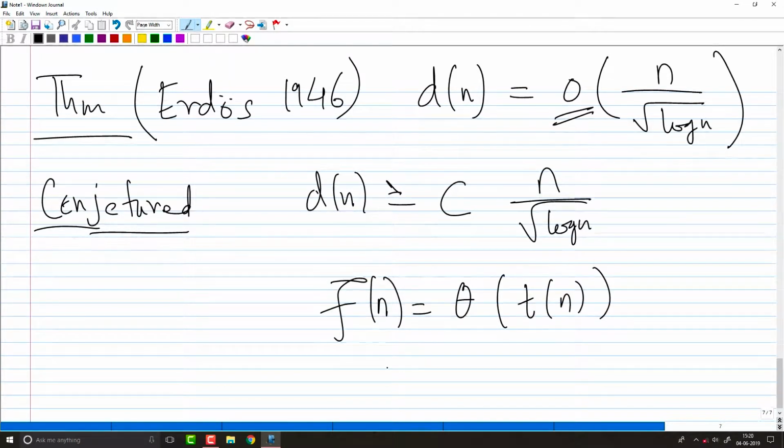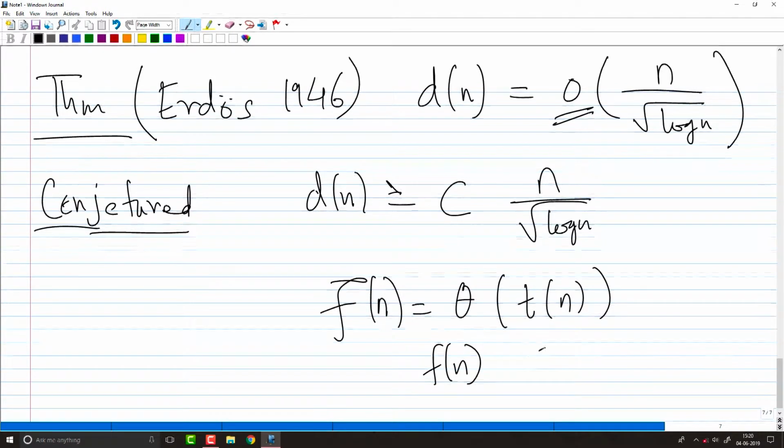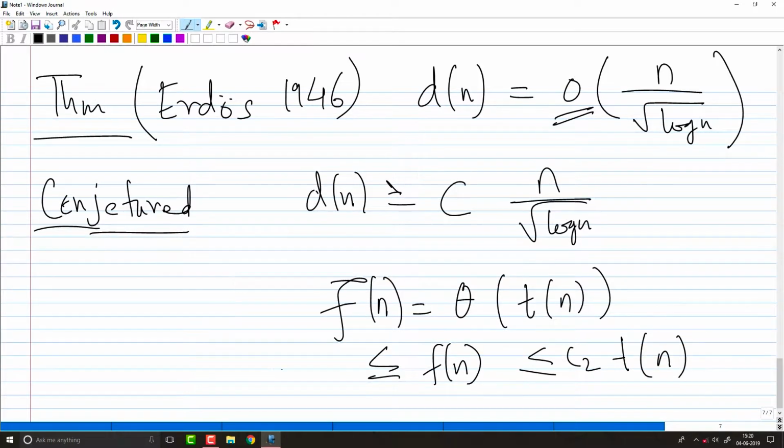We mean there exist constants C1, C2 such that f(n) is less than or equal to C2 T(n) and greater than or equal to C1 T(n). Up to a constant, it was thought this n by square root log n bound will be tight.